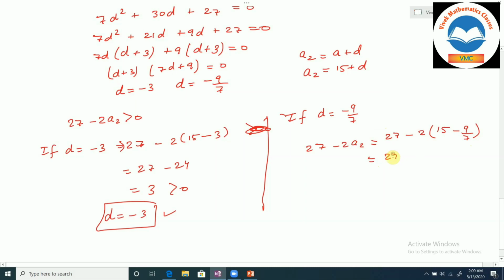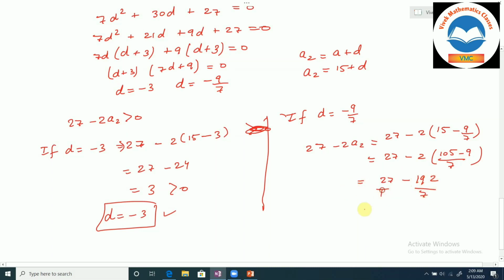And this will be 27 minus 2 into, if you take LCM will be 7, 105 minus 9, which is 96, into 2 will be 192, divided by 7.